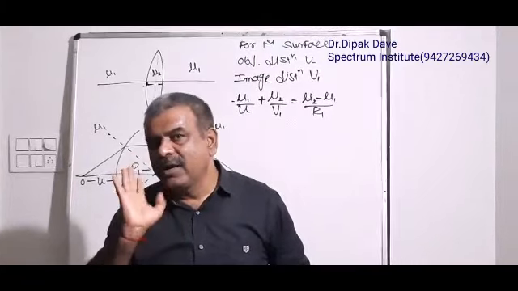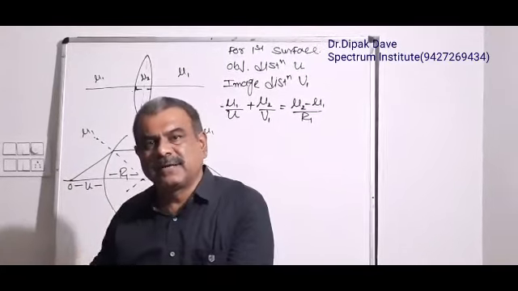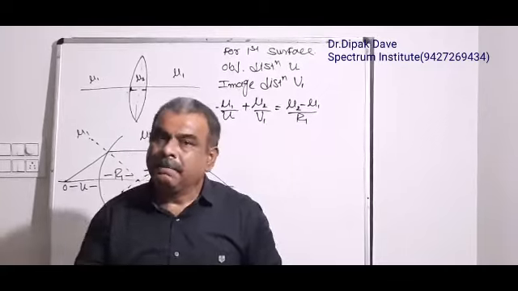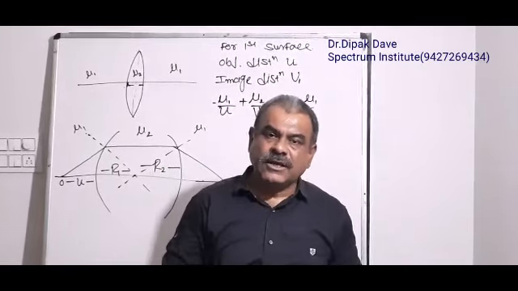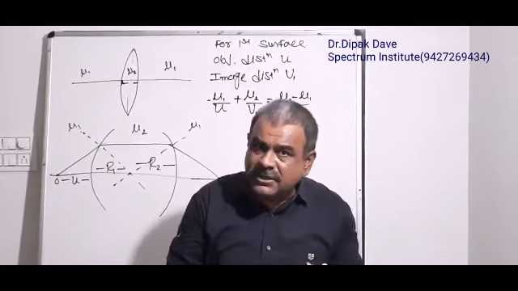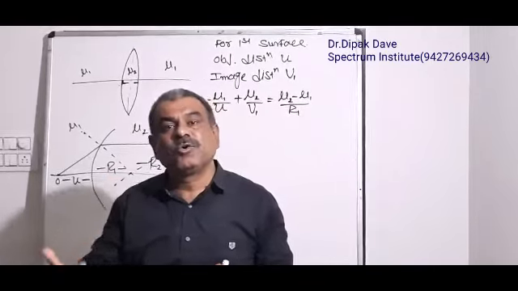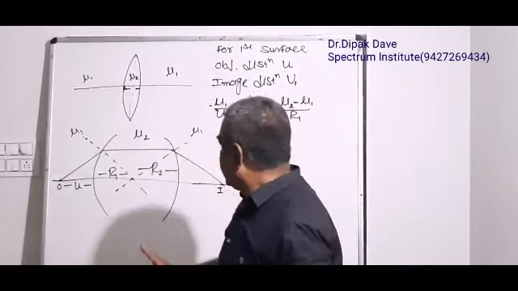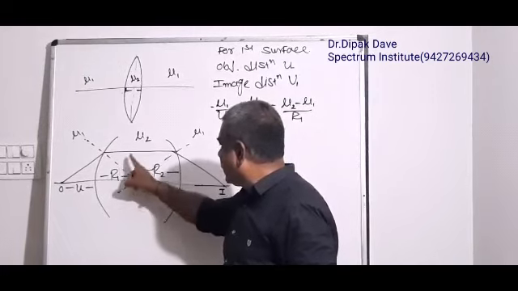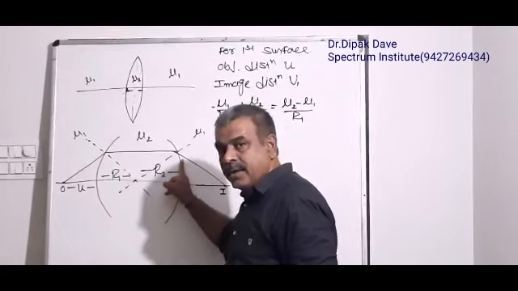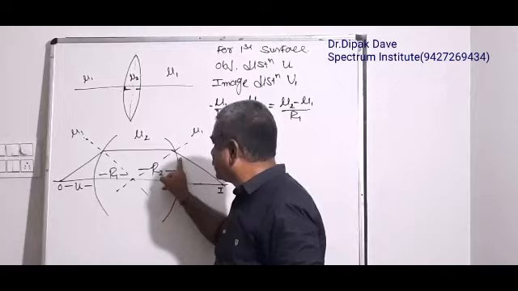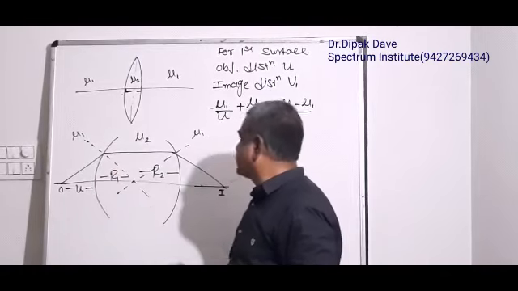But we are finally getting only one image, not an image of the first surface and an image of the second surface. Still, in the terminology we use, image distance of the first behaves like object distance for the second. Why? Because before incidence on surface 2, the light is already refracted by surface 1.